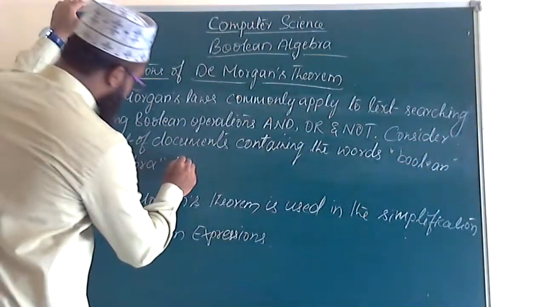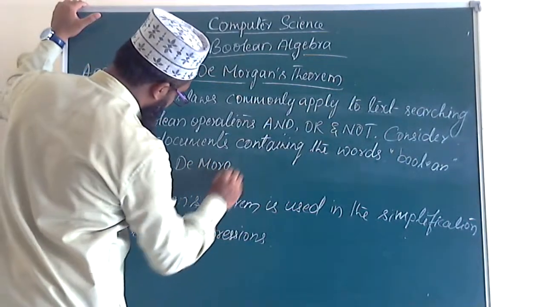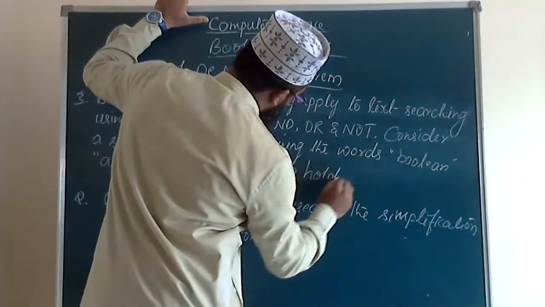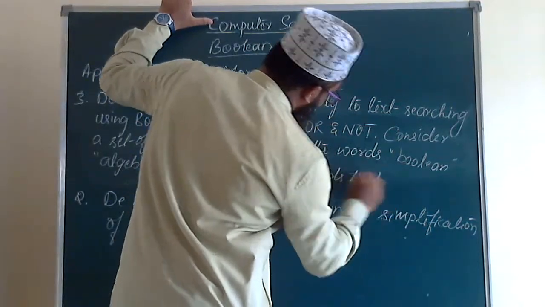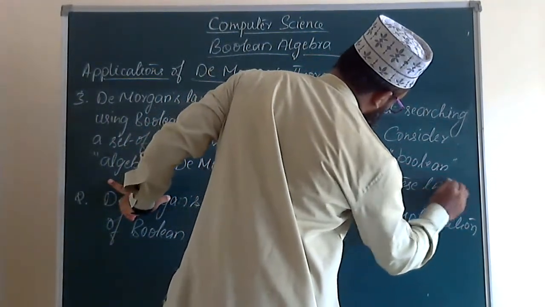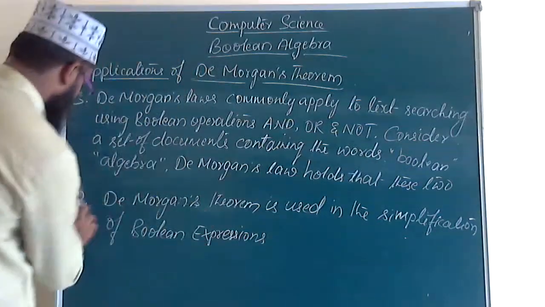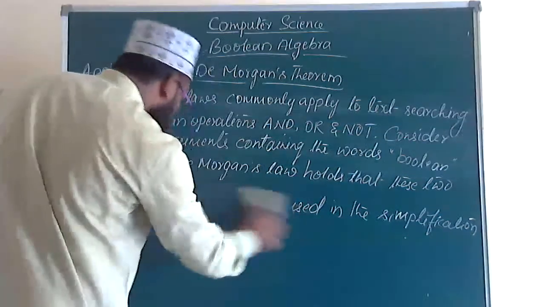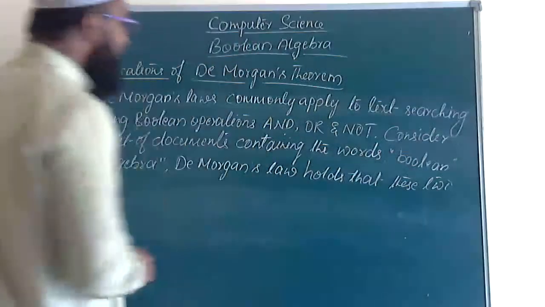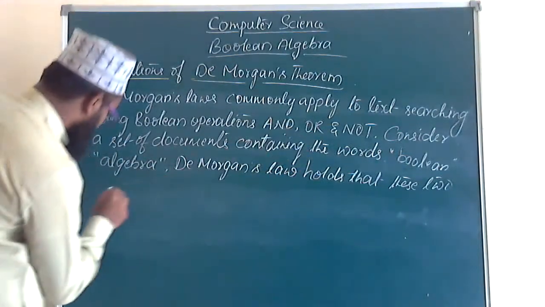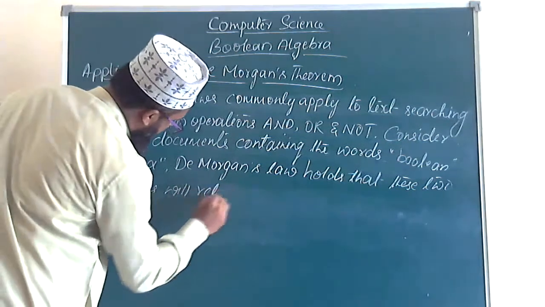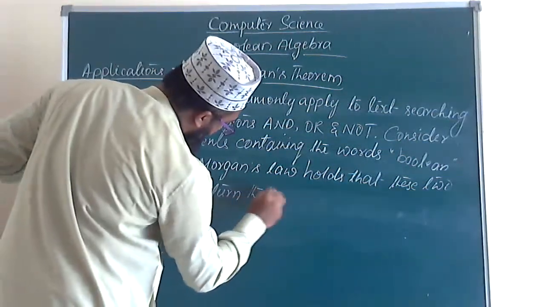then at that time De Morgan's law holds that these two searches will return the same set of documents.